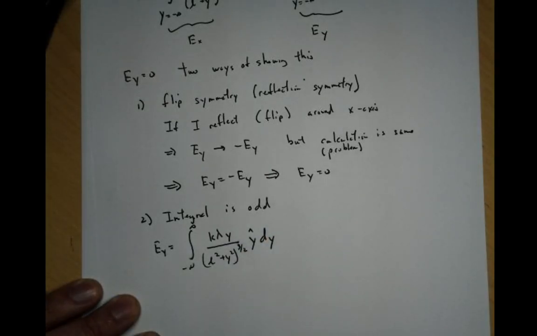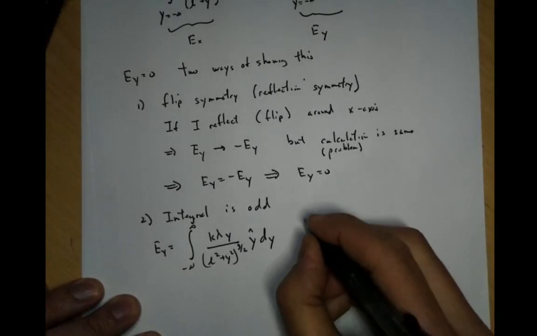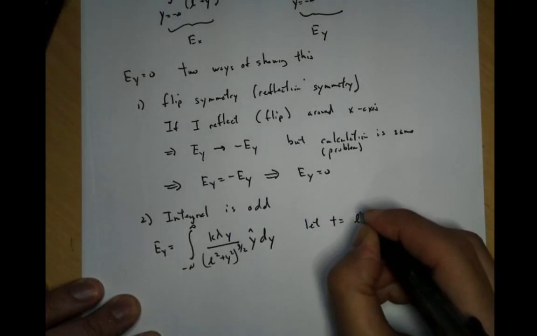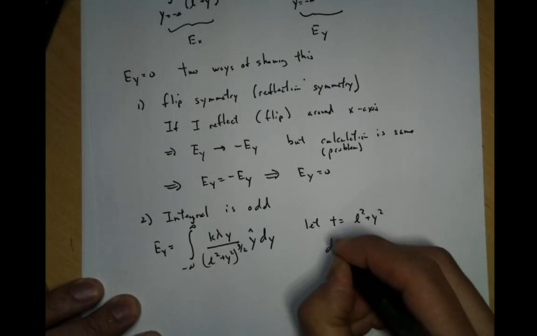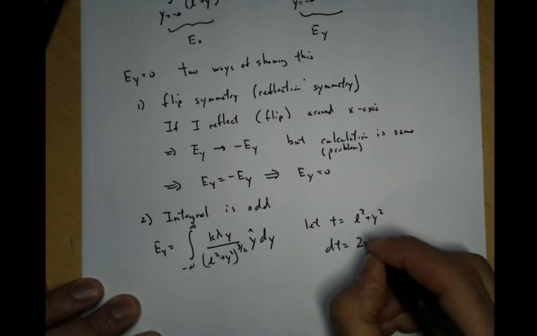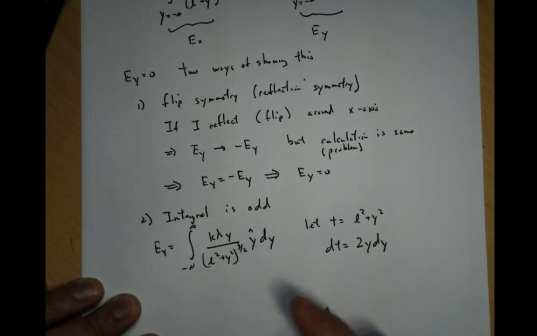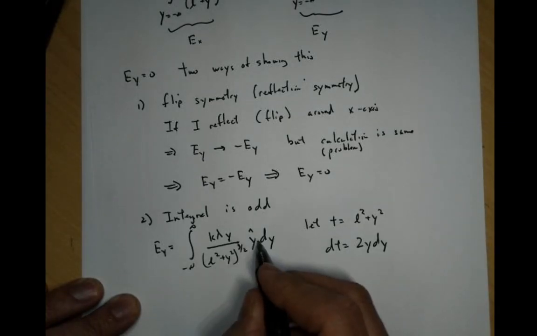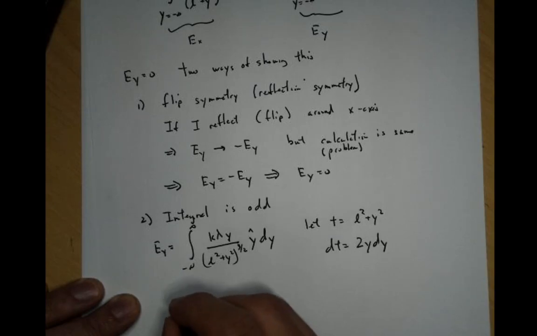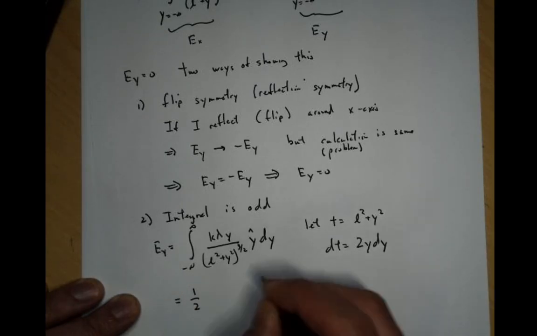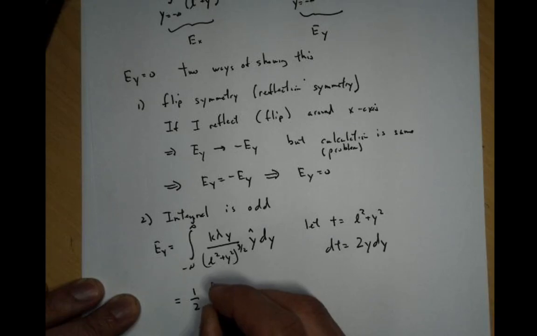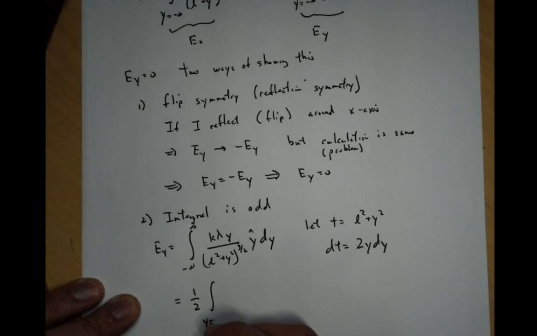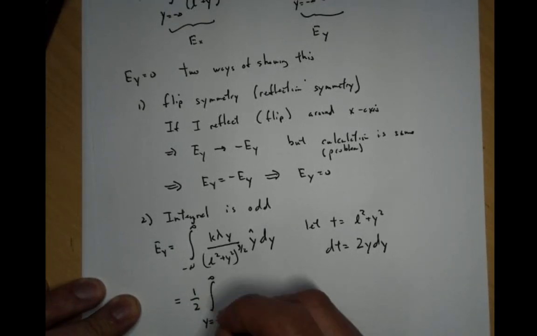I want to simplify this thing, so I'm going to let t equal L squared plus y squared, and then dt is equal to 2y dy. If I do that, there's a y dy there, and so you can convert this integral to something that looks like this: 1/2, as the 2 goes to the bottom, and then I'm going to integrate this thing. I'm not going to convert the limits yet.